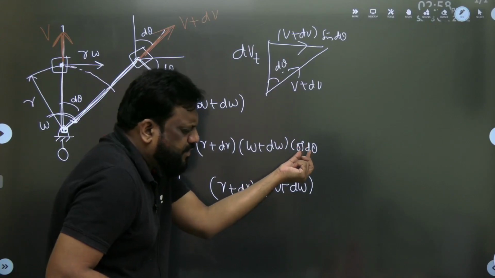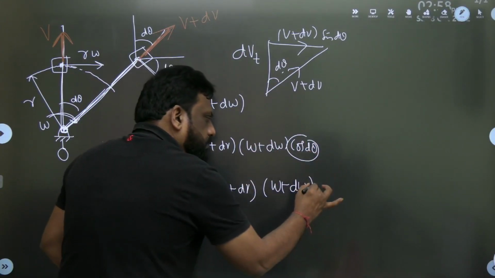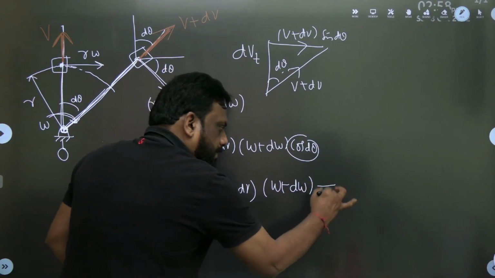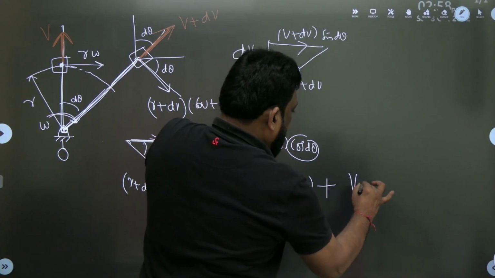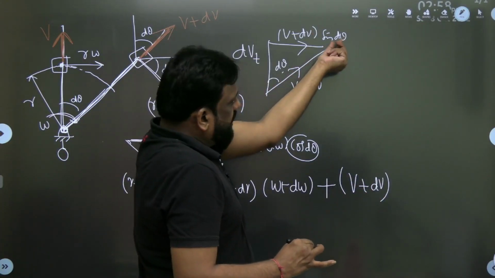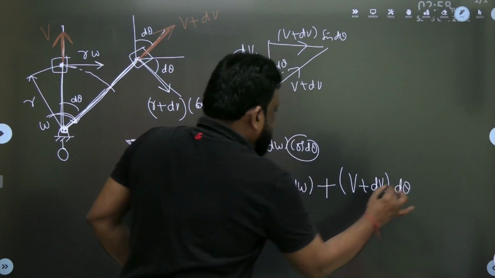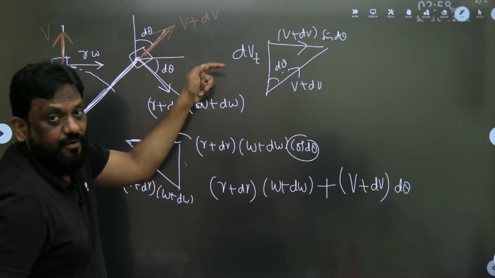D theta is very small, cos of small angle will be 1 only, so I am not writing it. Plus v plus dv into sine d theta. When d theta is very small, sine d theta will be d theta. This is the final tangential component velocity. What is the change?